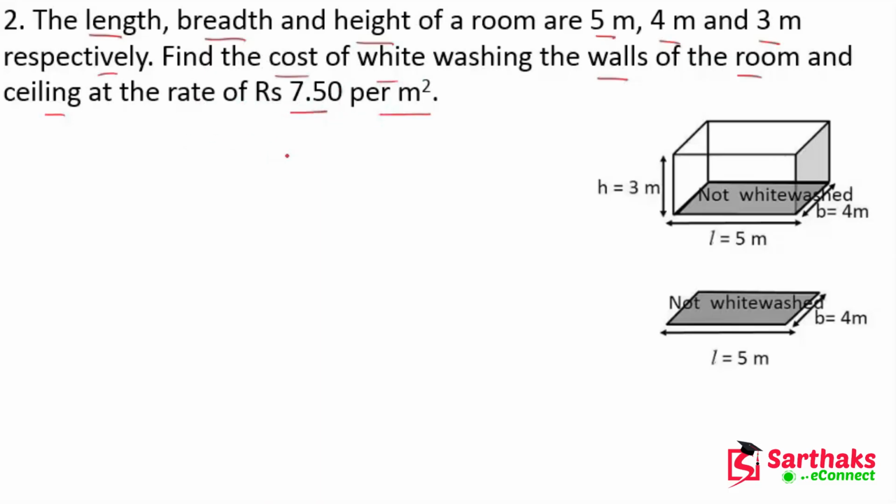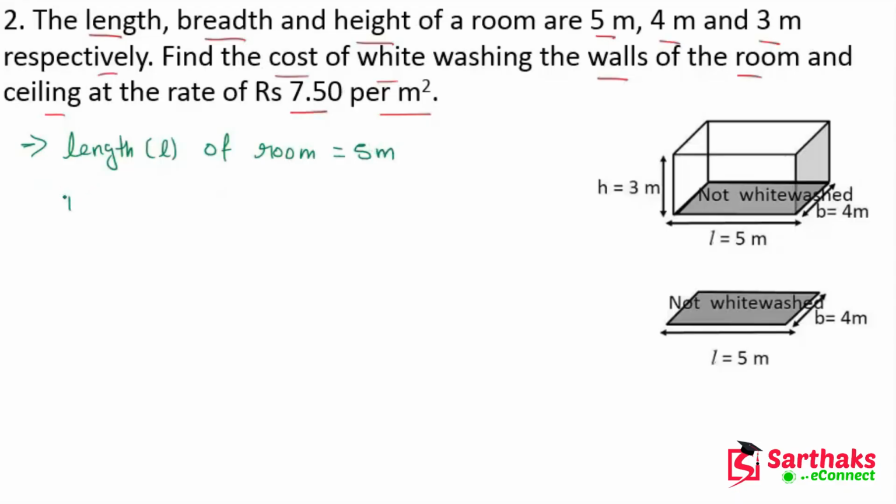Okay, so for finding the cost of whitewashing, first of all we have to find the area of this part. So first of all, let's write the given part. We have length, L of room, 5 meter.